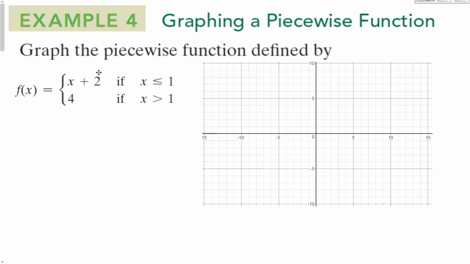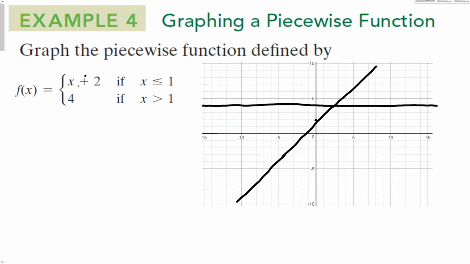Well, we'll make a table in a second. But if you don't do this right, you could have a line like this and a line like this. That would be the graph of these two different functions. But that's not what we want to do. We want to only graph this function at this interval and this one at this interval.